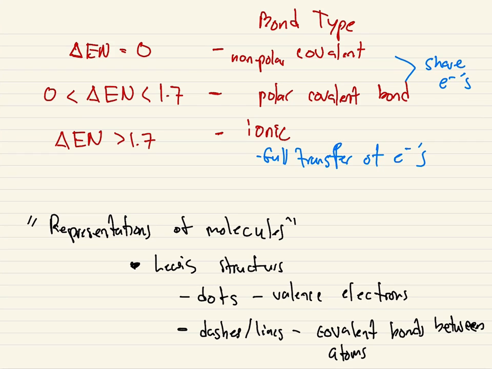And we talked about the electronic structure of atoms. The valence electrons are the ones involved in bonding, and that gives the atom its personality. That's what tells us how it's going to interact with other atoms. The number of protons for an element, what does that tell us? Who remembers?